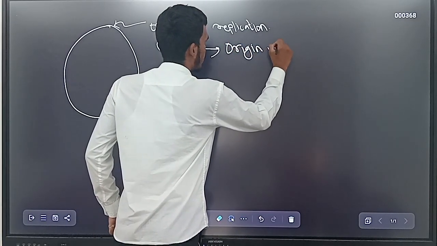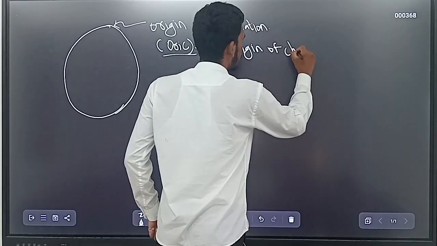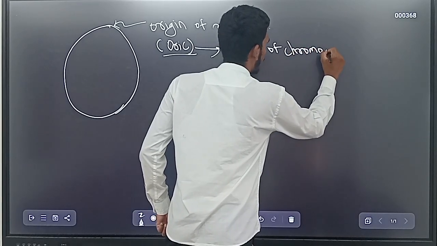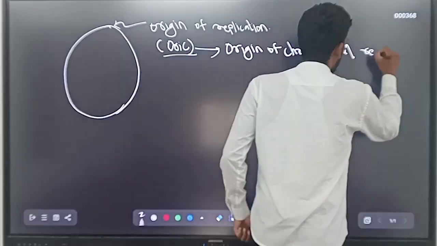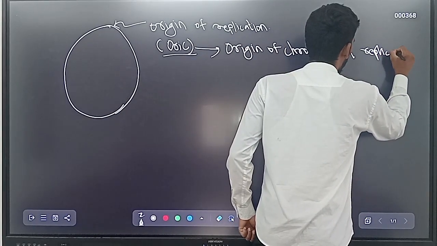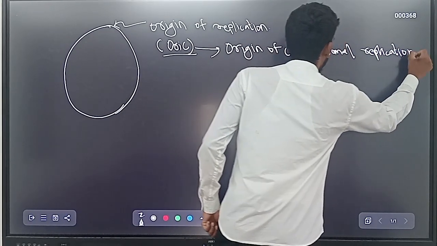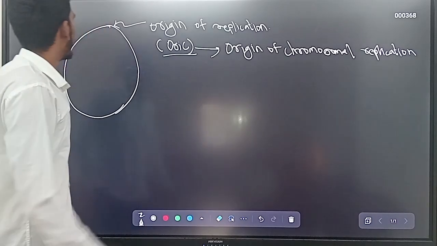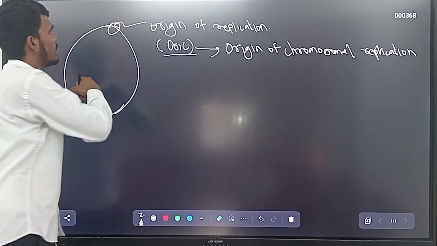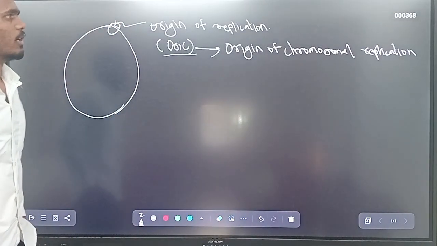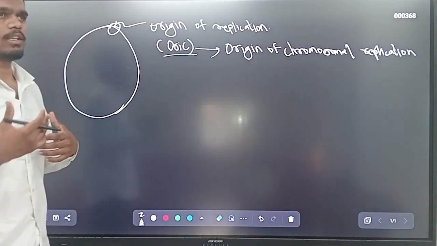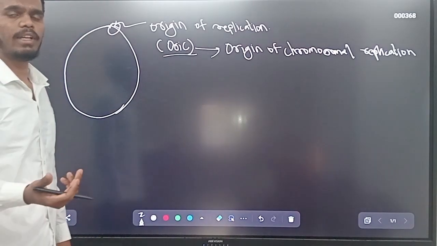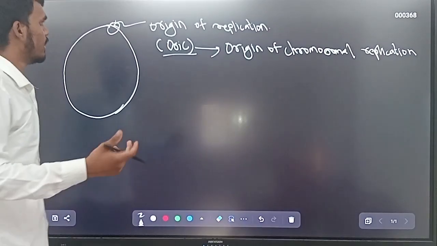So we all know that the DNA or nucleic acid present in prokaryotes is of circular nature, and in this circular nucleic acid there is a single point of origin of replication.